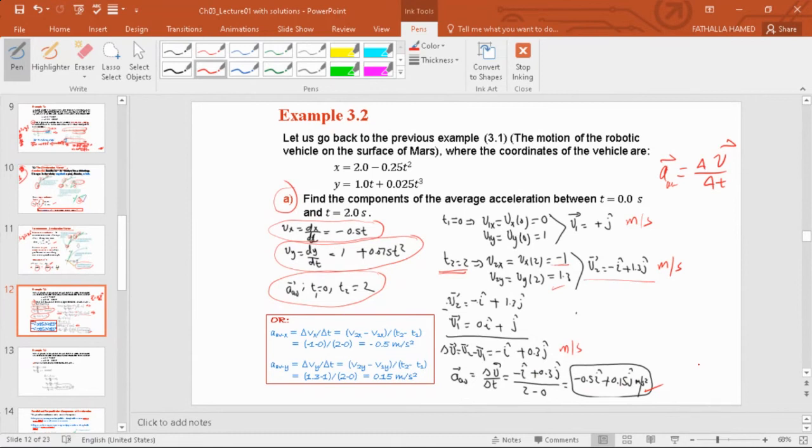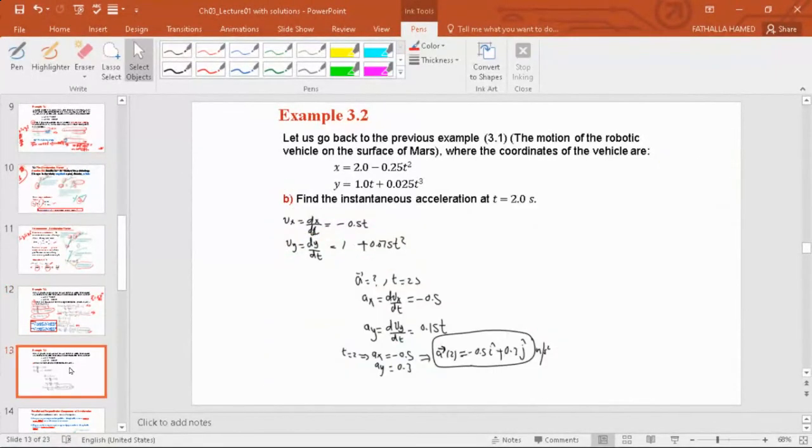That's basically a straightforward application of what we learned of the average acceleration. In D here, they ask you to find the instantaneous acceleration. Instantaneous means at a certain time, at 2.